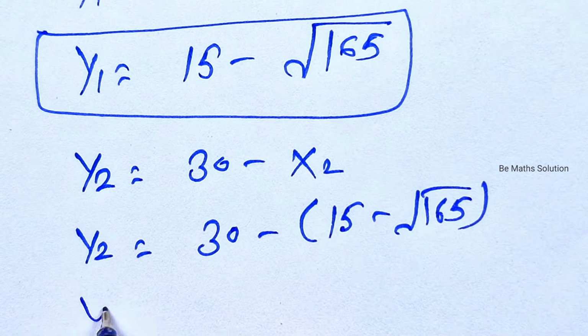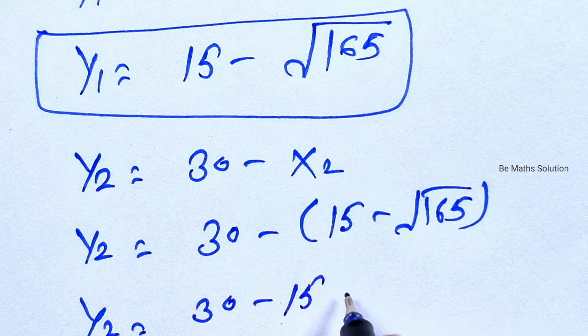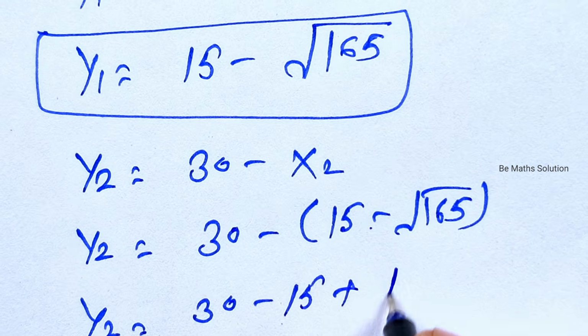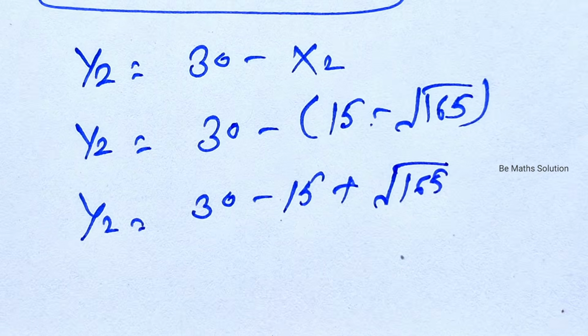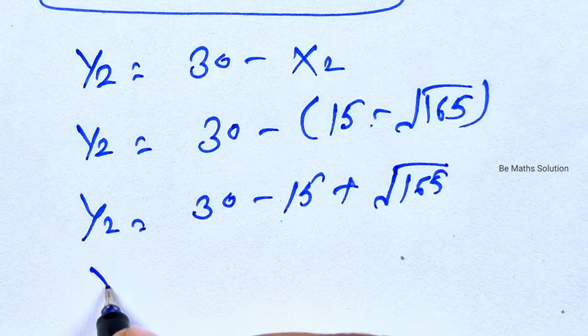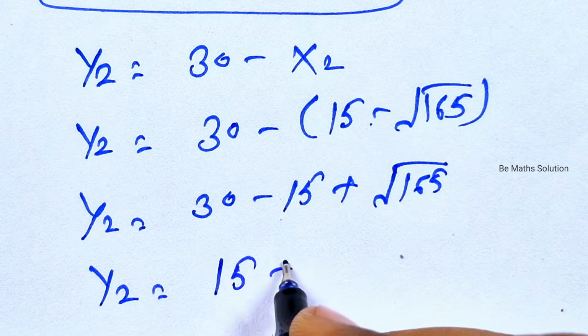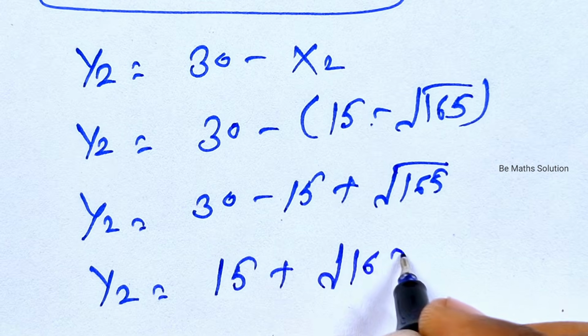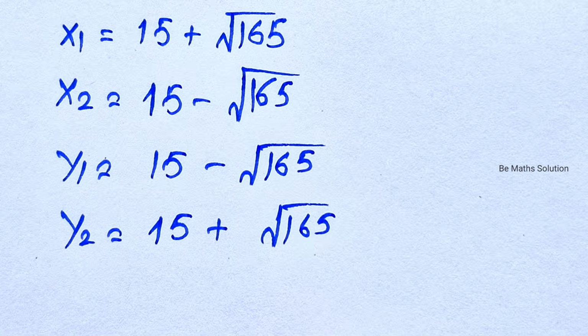Then y2 is equal to 30 minus 15 plus square root 165. Then y2 is equal to 15 plus square root 165. This is the value of y2.